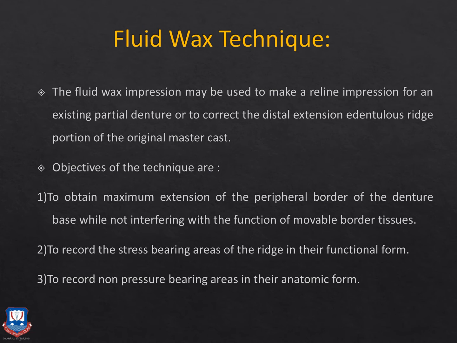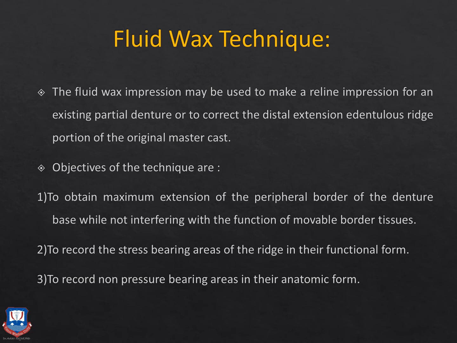Once the cast partial framework has been fabricated, finished, polished, and checked for fit in the patient's mouth, and we are satisfied with the fit, we add acrylic resin or light cure resin, like record bases, over the lattice minor connectors of the distal extension base.